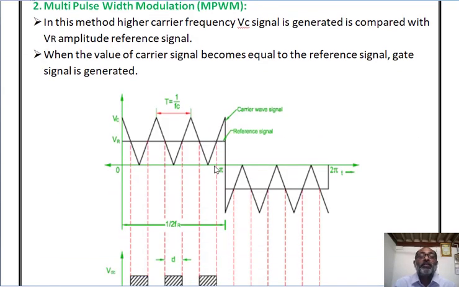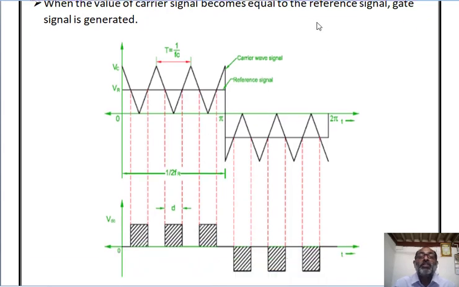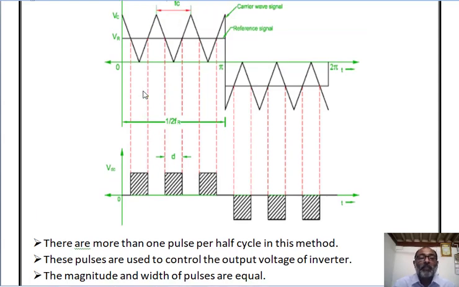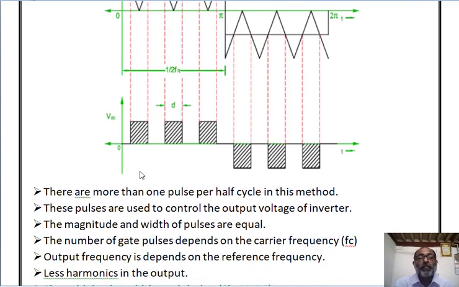So when the value of the carrier signal becomes equal to the reference signal, the gate signal is generated. Now the magnitudes of these pulses are equal, and these pulses are used to control the output voltage of the inverter.